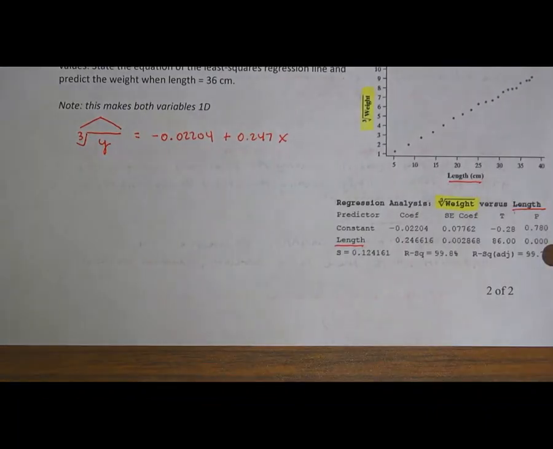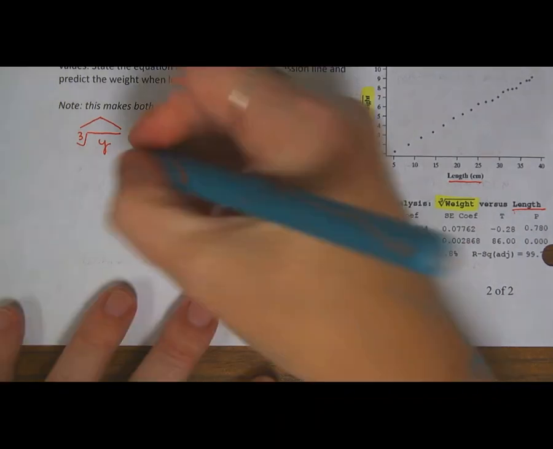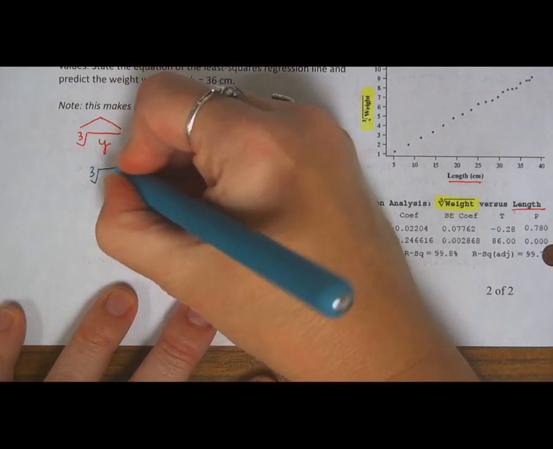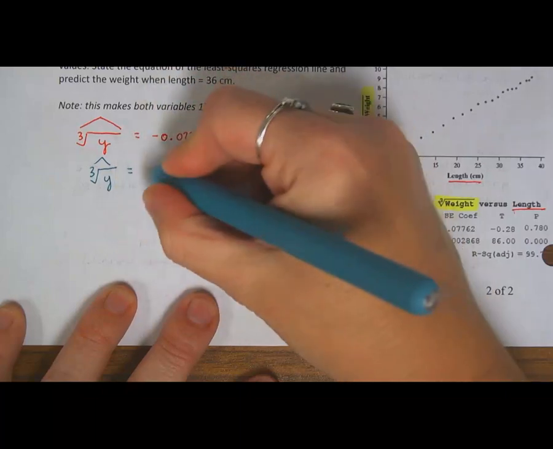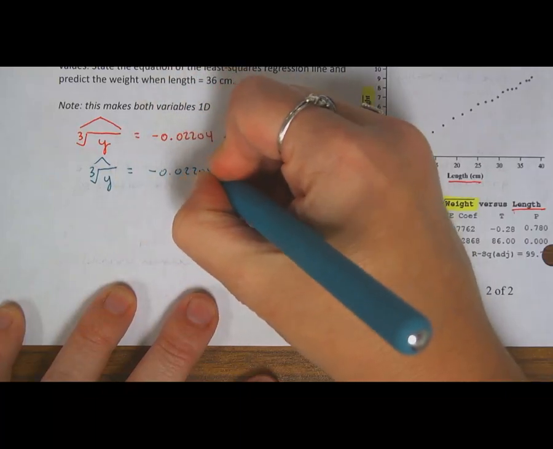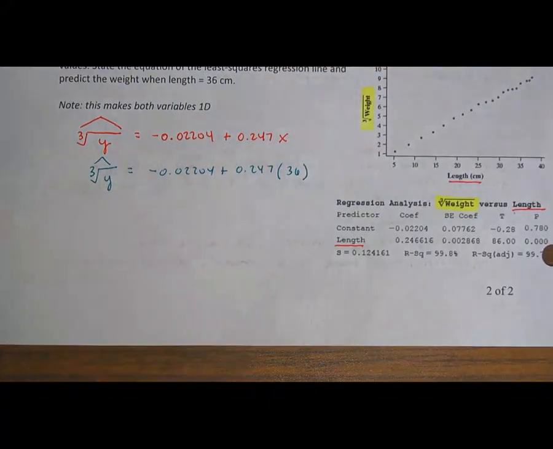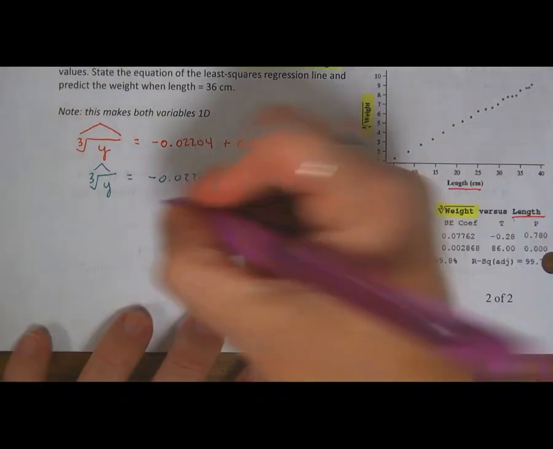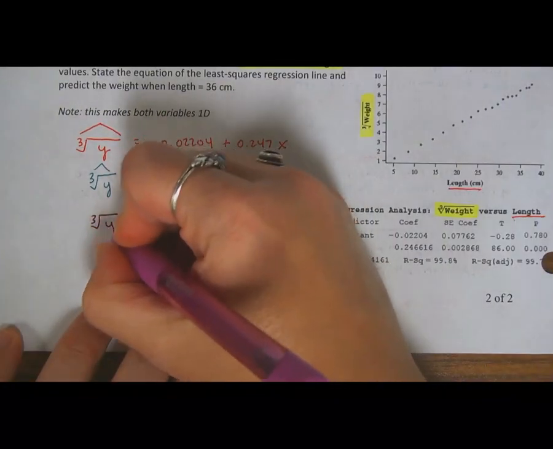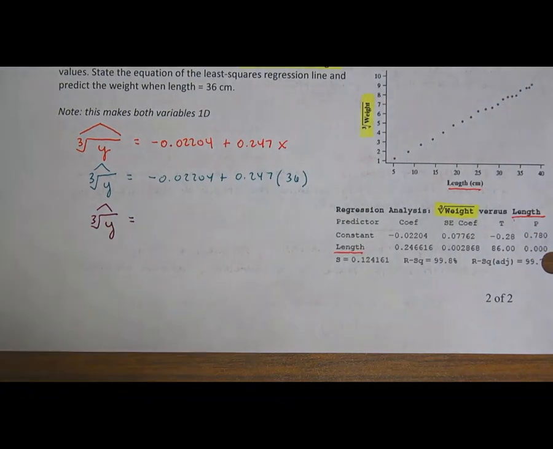Okay, let's just plug into this. Now it says when the length is 36, so we're going to plug in 36 for X. And let's see, 0.247 times 36 minus 0.02204.